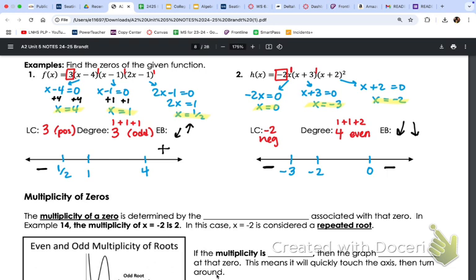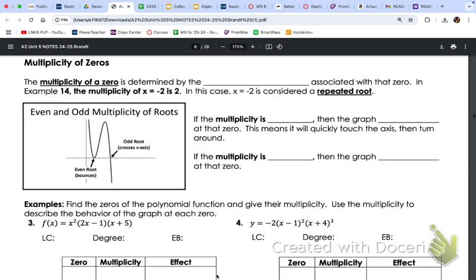Okay, the only other thing we're talking about today is multiplicity, which is literally just what exponents the factors have. Super simple. Multiplicity is determined by the exponent associated with that 0. So, for example, in example 2, the one that's right above, the multiplicity of x equals negative 2 is 2.